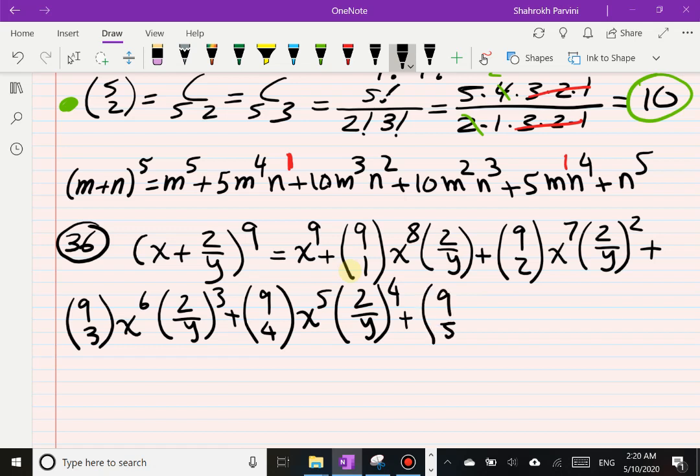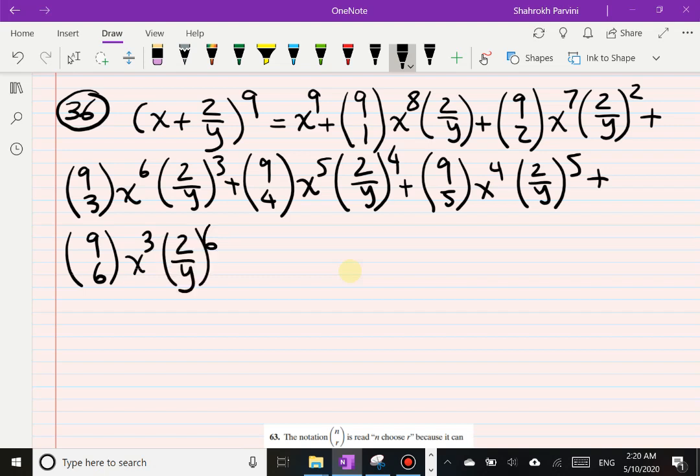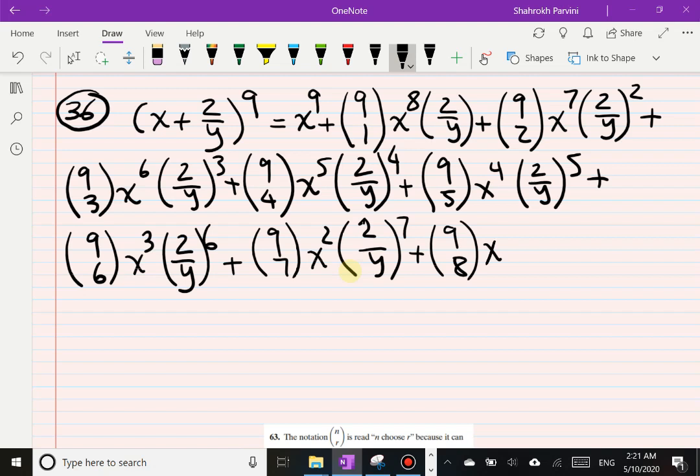Then it's going to go 9 choose 5, x to the 4, 2 over y to the fifth, plus 9 choose 6, x cubed, 2 over y to the sixth, plus 9 choose 7, x, 2 over y to the seventh, plus 9 choose 8, x, 2 over y to the 8, and then remember the last term is the second term in the binomial to that power. And there you go.